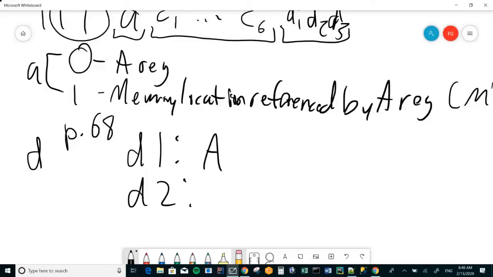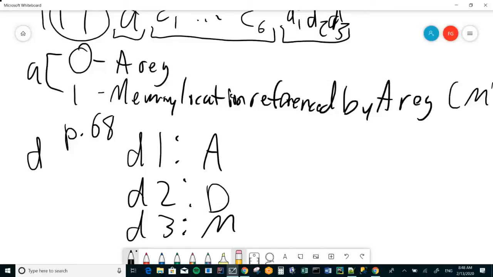D2 means that you're changing the D register. And D3 means you're changing memory. In other words, you're changing the value at the memory location that A is pointing at. So depending on the value for A, that determines which M gets changed.